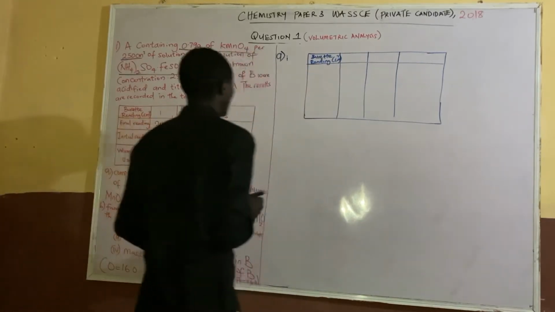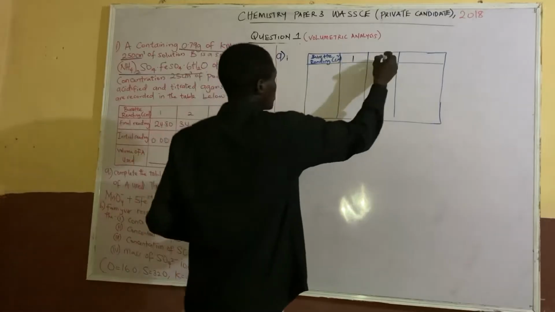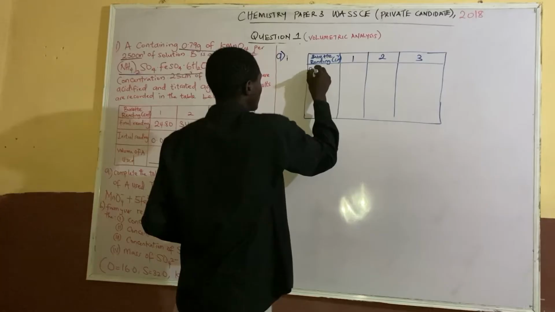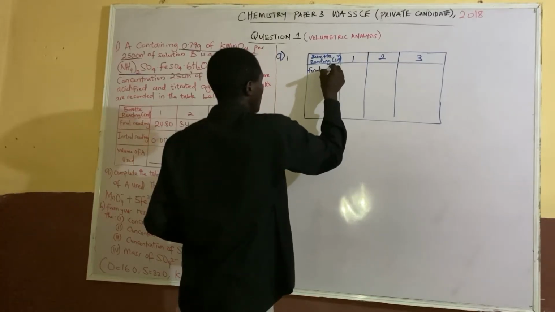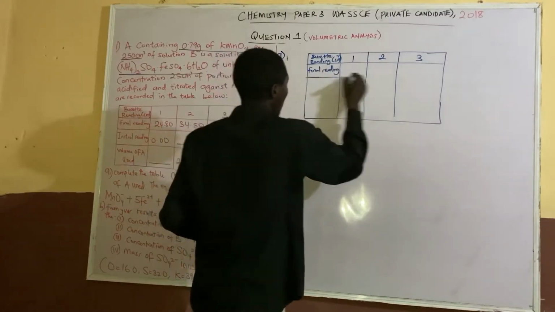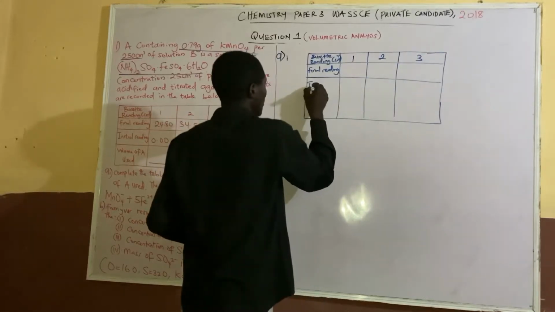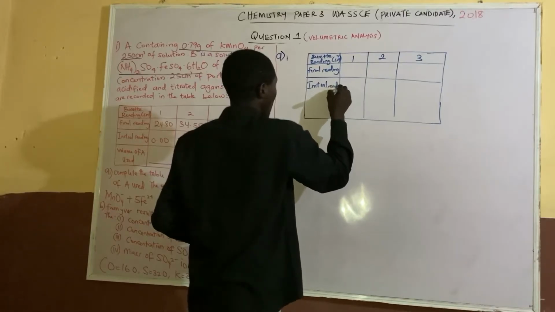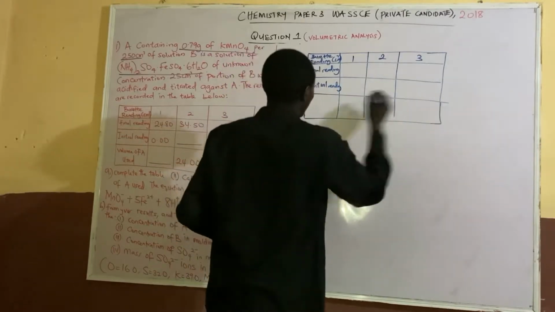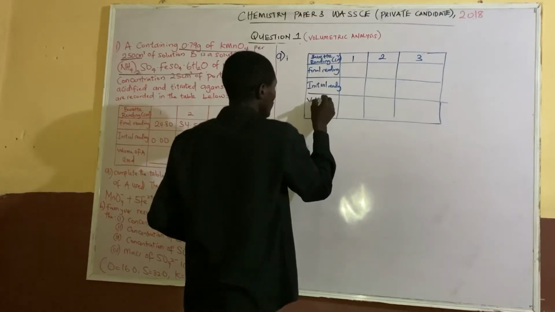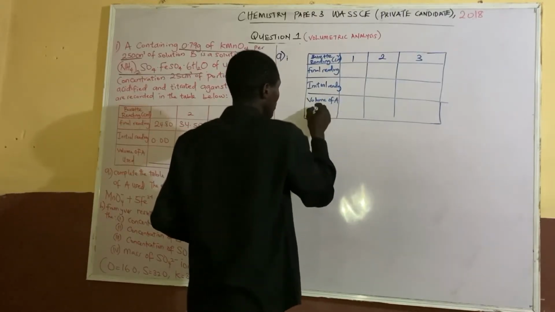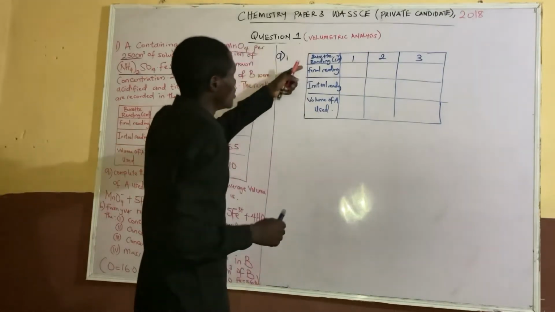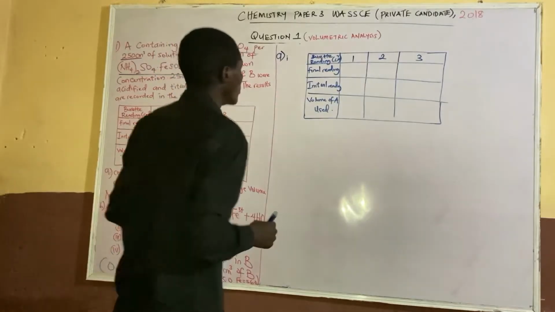We have the final reading, the initial reading, and then the volume of A used. You have the burette reading, the final, the initial, and the volume of A used.